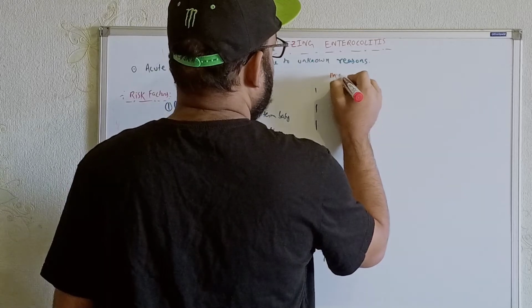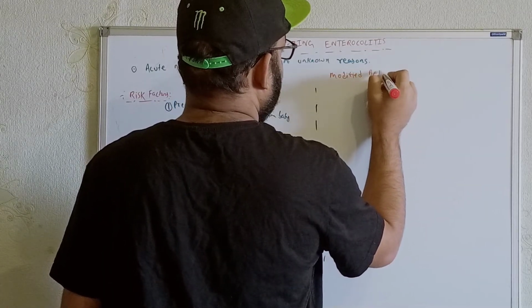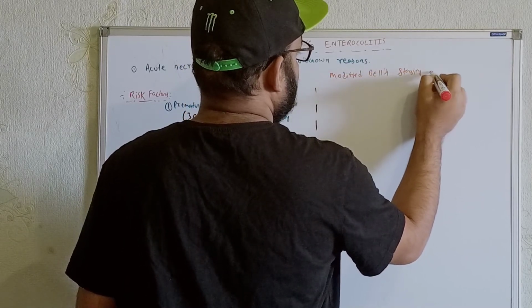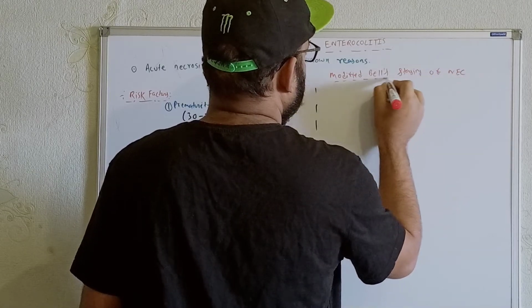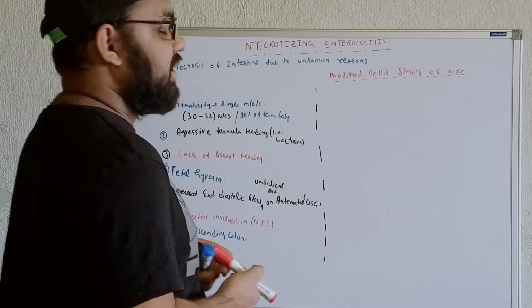So this is basically known as the modified Bell's staging of necrotizing enterocolitis.